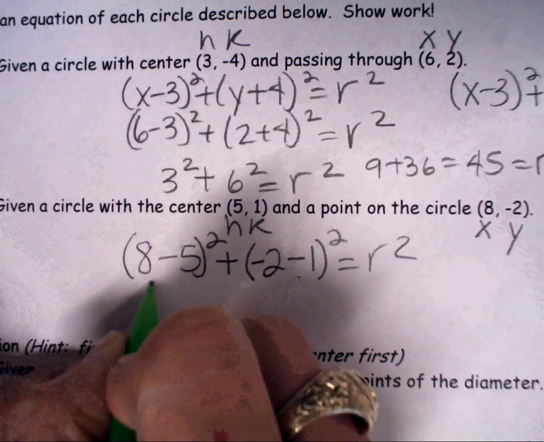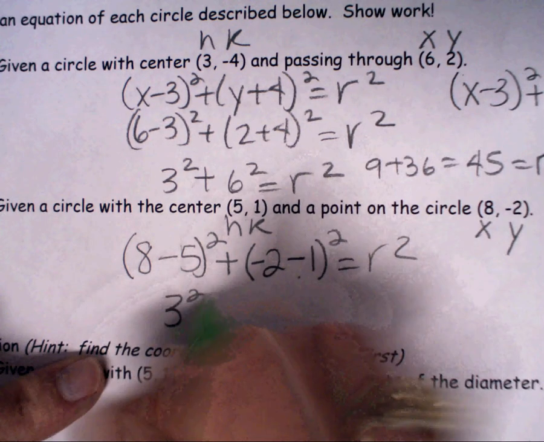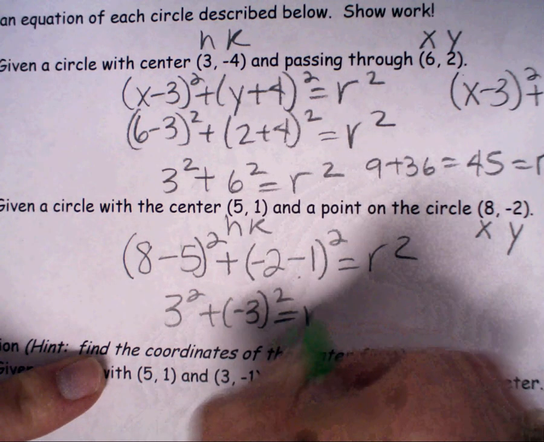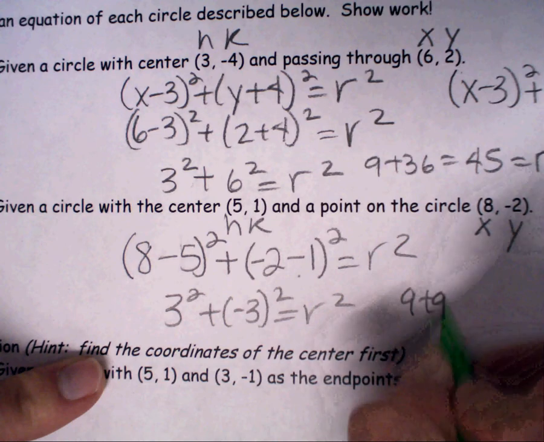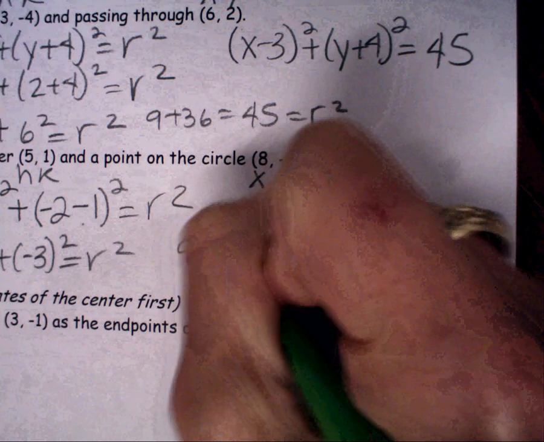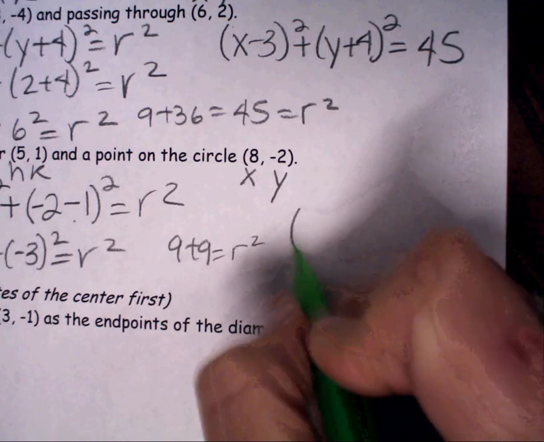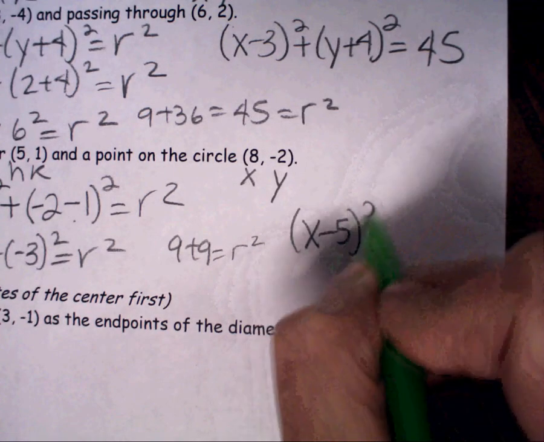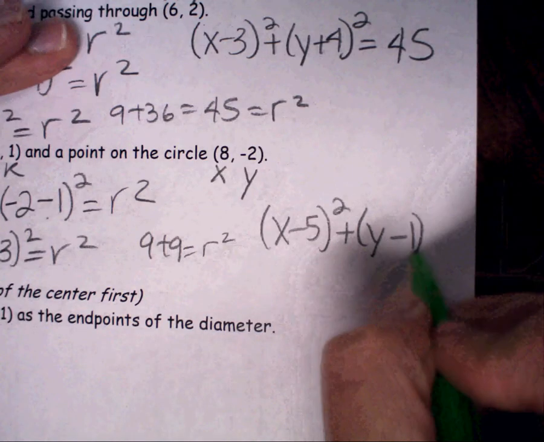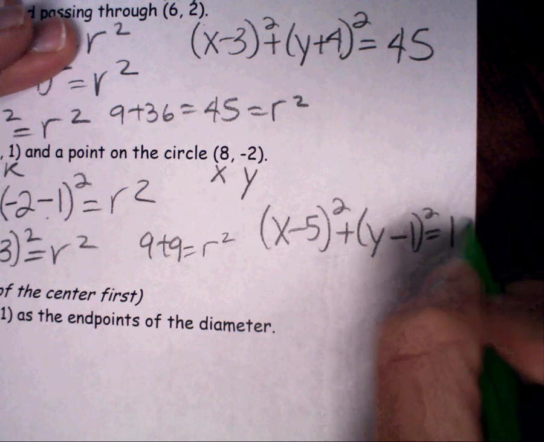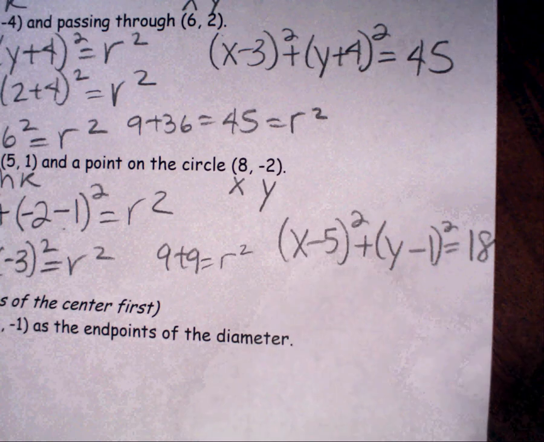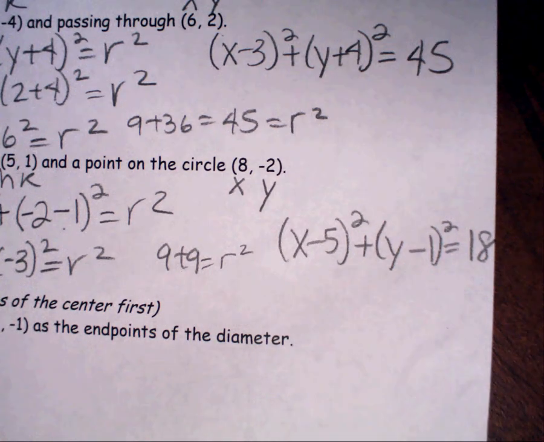Equals r squared. So this will be 3 squared. Careful here, this is negative 3 squared equals r squared. So that's 9 plus 9, and that'll give us 18 for my r squared. Then it's x minus 5. I plug my center back in, because the whole point is to get it in standard form. So I have to plug my center back in and find my radius squared.